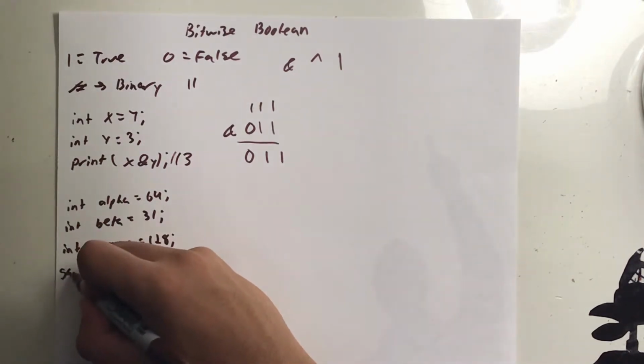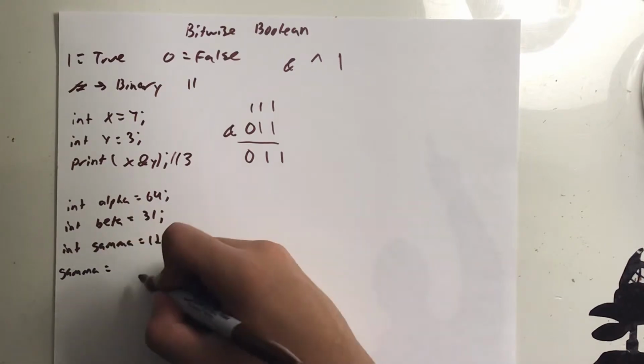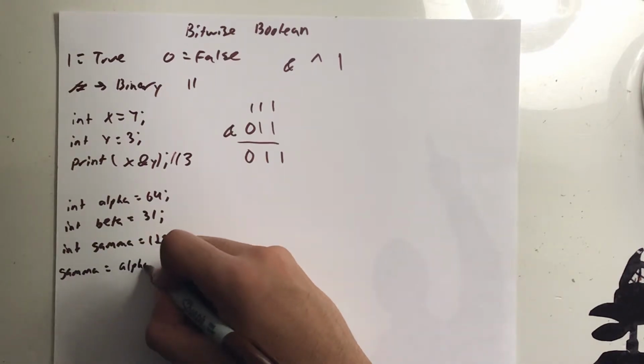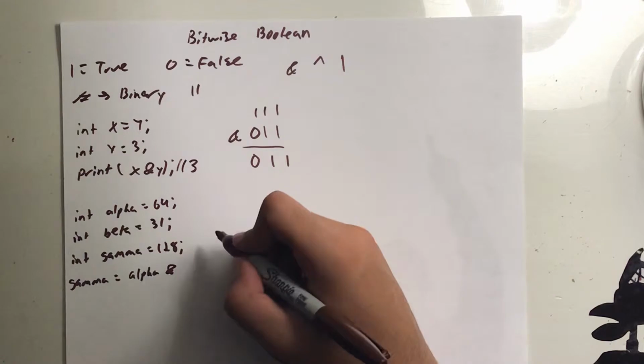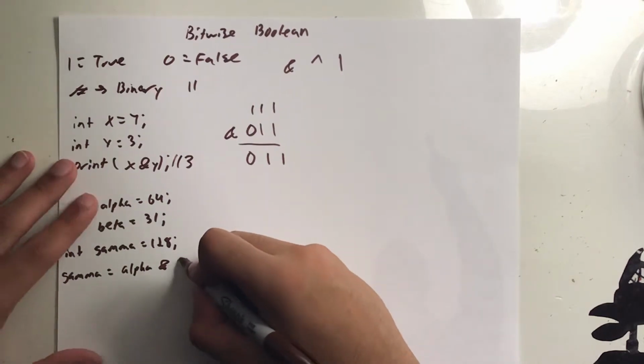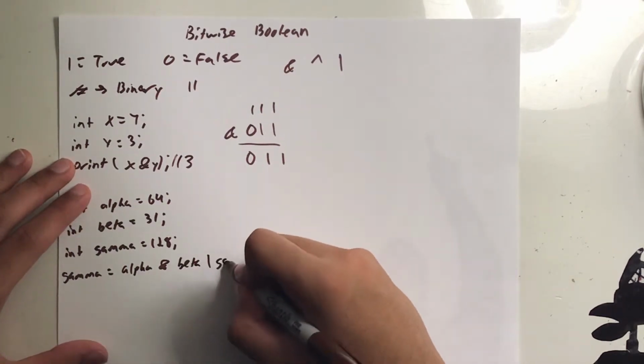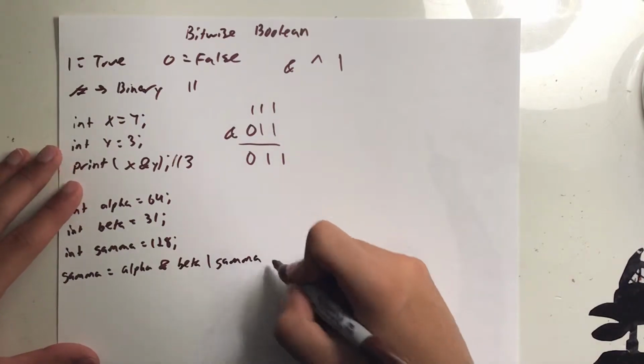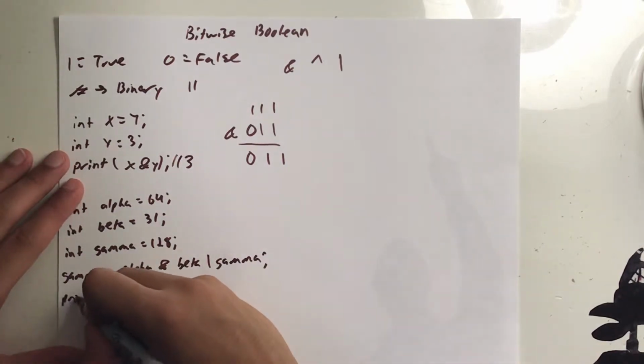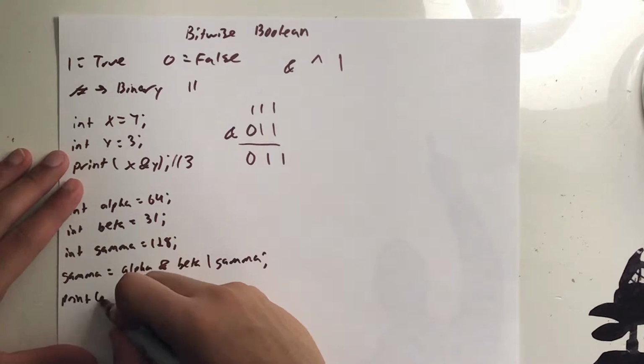Gamma equals alpha and beta or gamma. I'm going to print gamma.